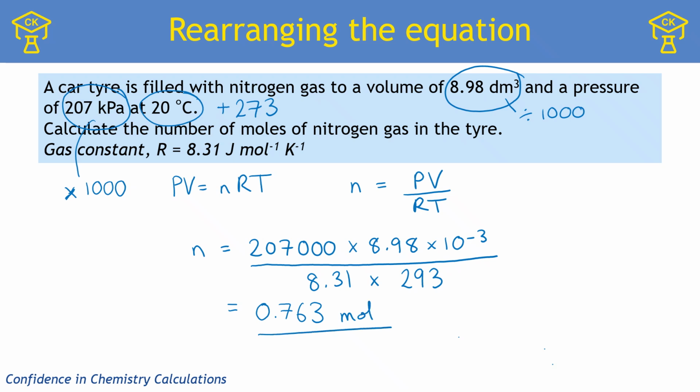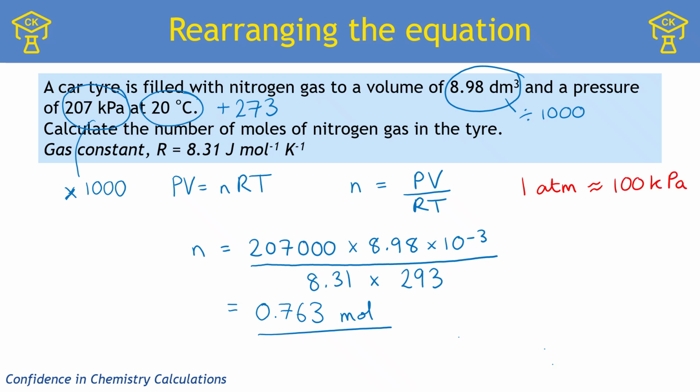Now just a point on self-checking with the ideal gas equation. Gases do change their volume with temperature and pressure, and they do it in a relatively predictable way. A temperature of 20 degrees is quite close to room temperature, whereas in kilopascals, 1 atmosphere is just about equal to 100 kilopascals of pressure.